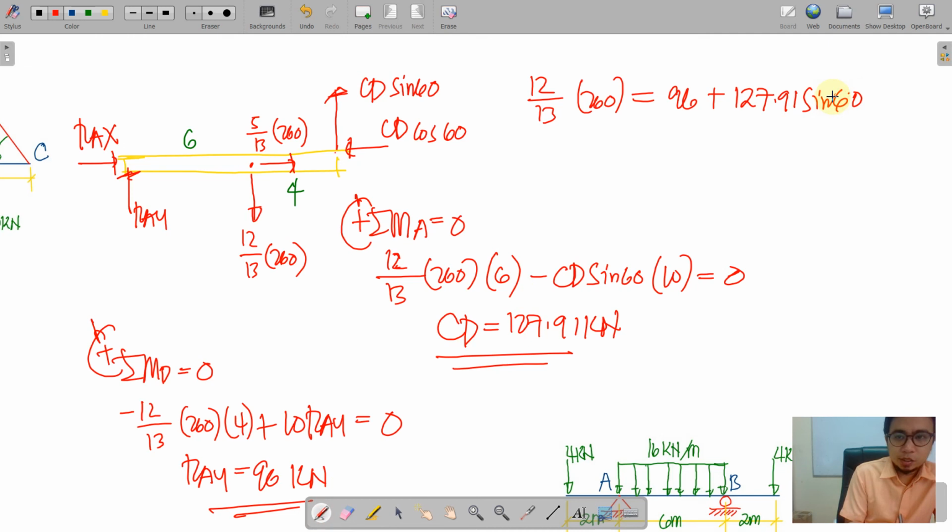So 96 plus 127.91 sine of 60. We have here 206.77. Is it equal to this 12 divided by 13 of 260?